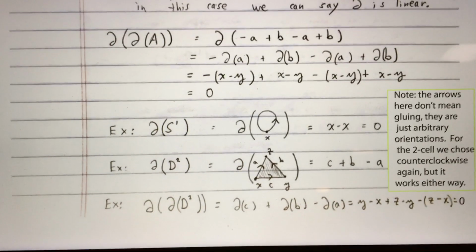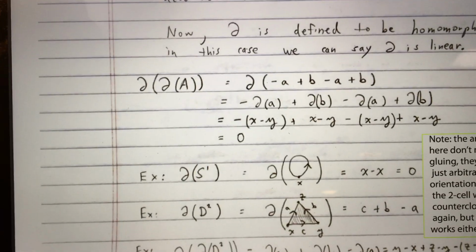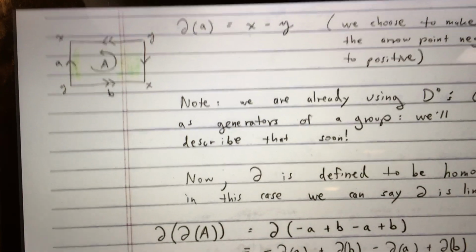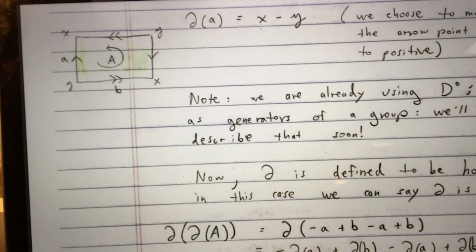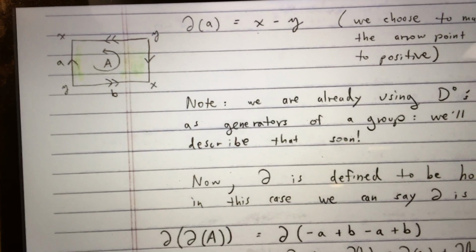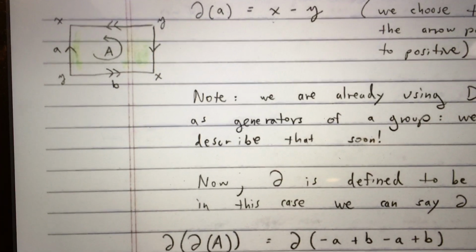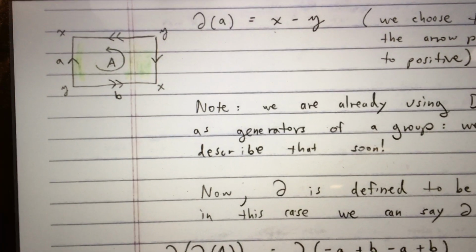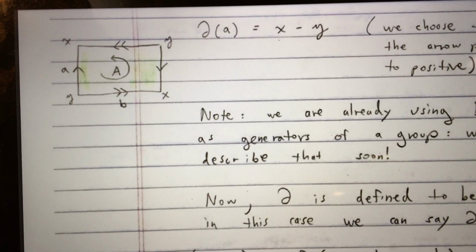And notice when we did the boundary of P2 up here, it was following the arrows, but the arrows were also showing how to glue. In this case, the arrows are doing double duty because they're showing you how to glue the edges together, and they're also showing orientation, and that's fine.